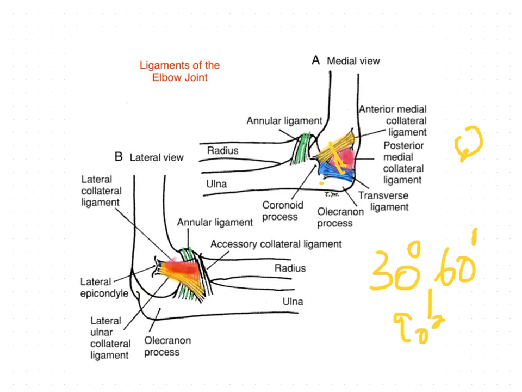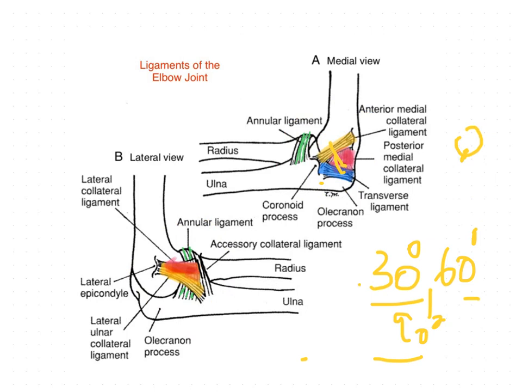So the anterior band of the anterior bundle of the medial collateral ligament acts as a primary restraint of valgus at 30, 60 and 90 degrees of flexion. After that, this anterior bundle acts as a co-primary restraint up to 120 degrees. Okay, so this ligament acts as a primary ligamentous restraint from 20 to 120 degrees, isn't it?